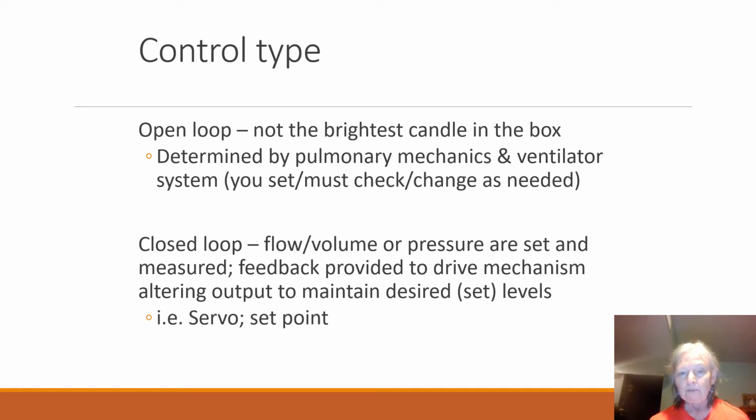For example, if you set a minute ventilation of 6 liters per minute and the patient has been doing 6, 7, 8 liters per minute, which is not a problem, all of a sudden the patient, for some reason, maybe had a little bit of sedation or something, now has dropped down to 5 liters per minute. The machine's going to kick in either a respiratory rate or a tidal volume. It'll make sure that the patient is getting 6 liters per minute.